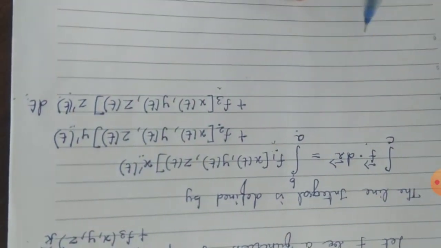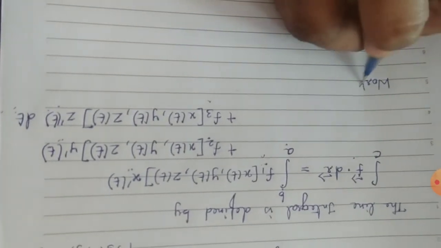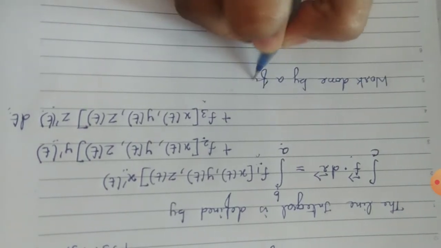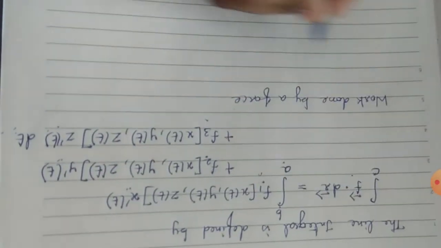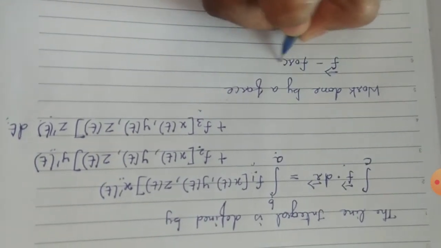So we have seen the definition of the line integral. Now we can see the work done by a force. The work done by a force is defined with the force taken as f vector.